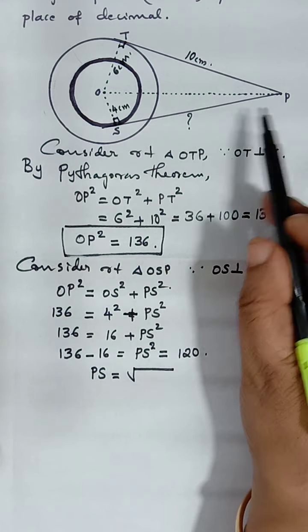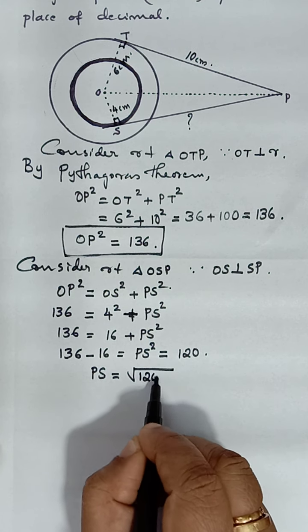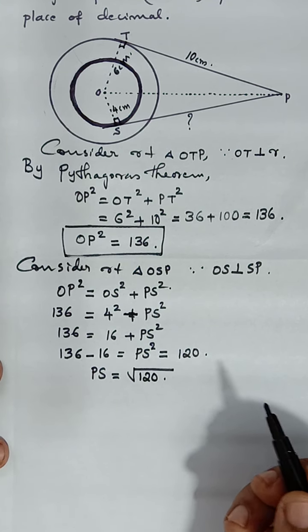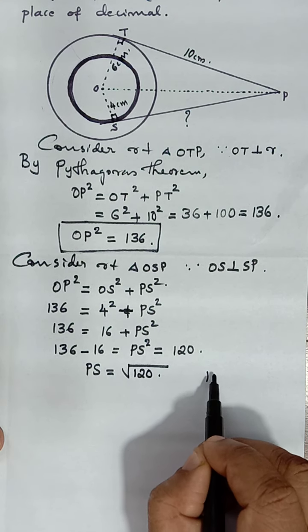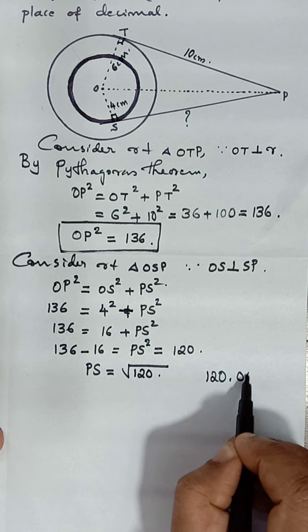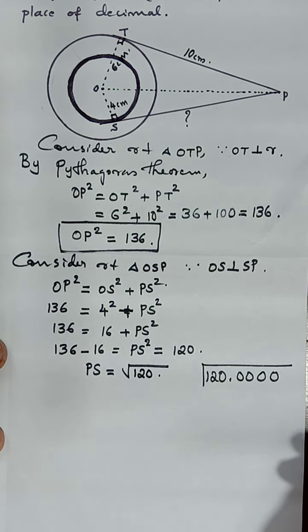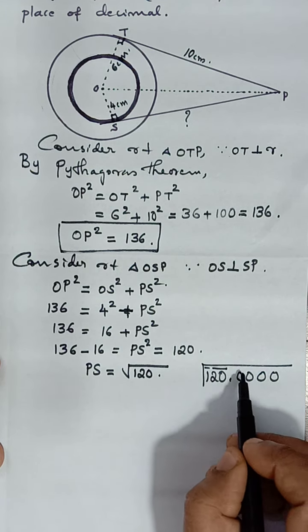Our question is finding PS itself in one decimal. That means we cannot leave it under the root. We have to find out the square root of 120. Hope everybody knows. 120.0000, for 2 decimals I'll find out and I will be making it short to 1 decimal. So this is how we have to group it.